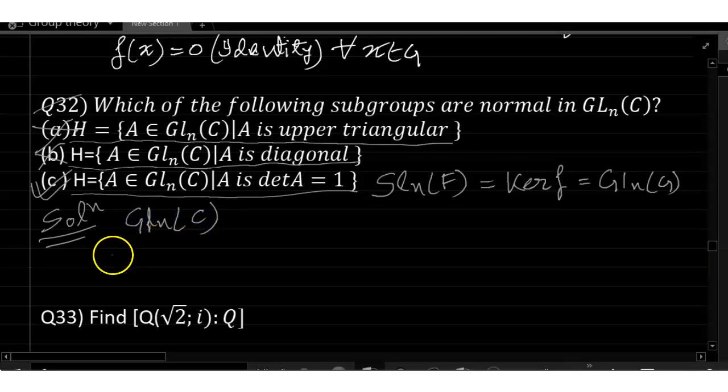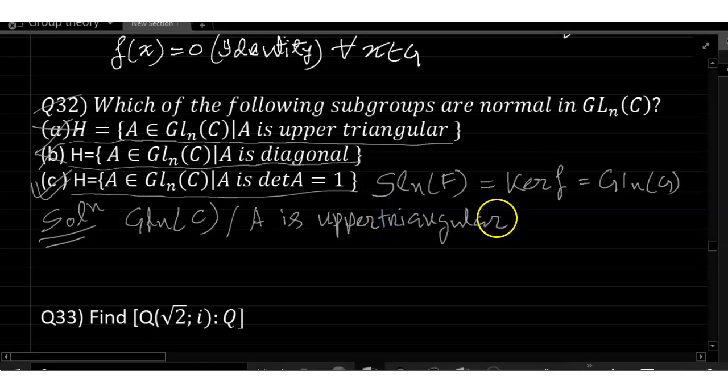For the solution explanation, in GLn(C) we have to know normal subgroups. Okay, GLn(C), A is upper triangular. Is this true or not? We have to learn. A belonging to GLn(C) equals H. Is this a normal subgroup or not? At first, we have to know the definition of a normal subgroup.